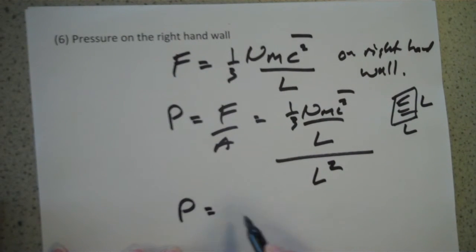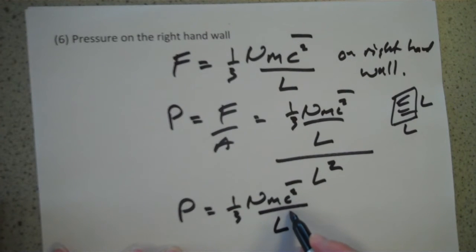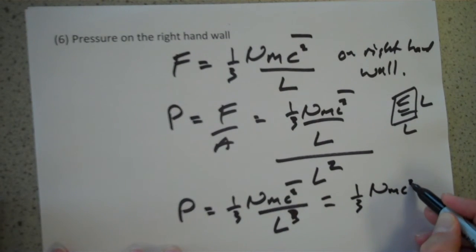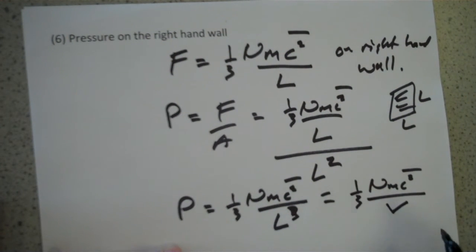Which becomes pressure equals a third n m c squared bar over L cubed. And that gives us a third n m c squared bar over V, because L cubed for the original box is the volume of the box.